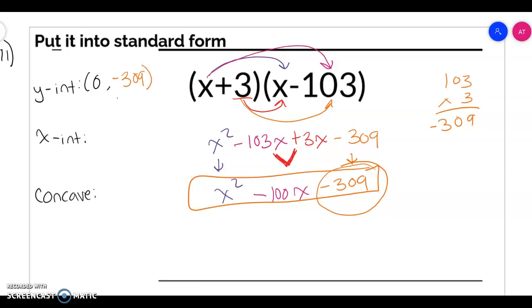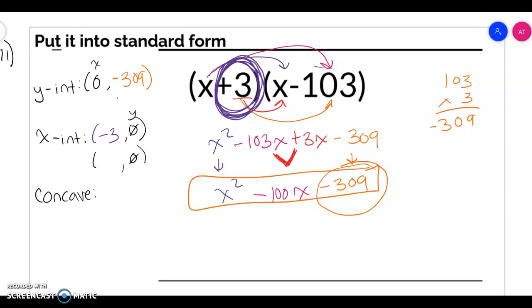Our x-intercept, remember, we're going to take the opposite sign of what's in our parentheses before in factored form. So instead of a positive 3, I'm going to have a negative 3, comma 0. And remember, x-intercepts, the y is always 0. Y-intercepts, the x is always 0, because it has to hit the y-axis or x-axis.